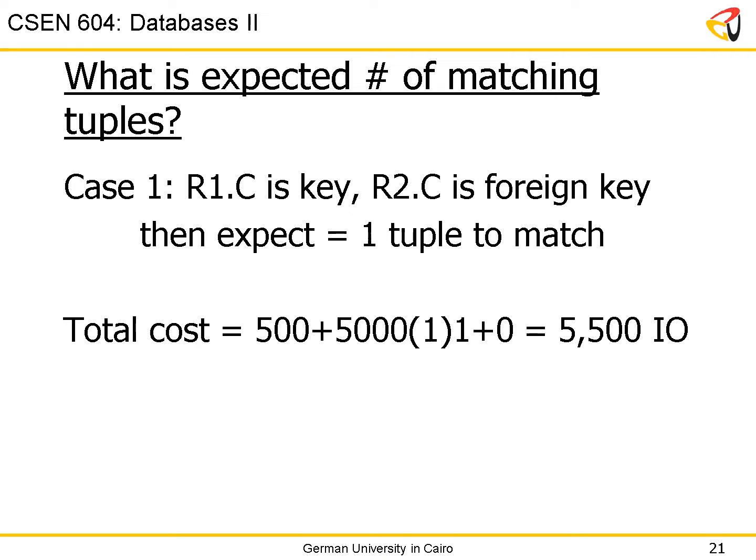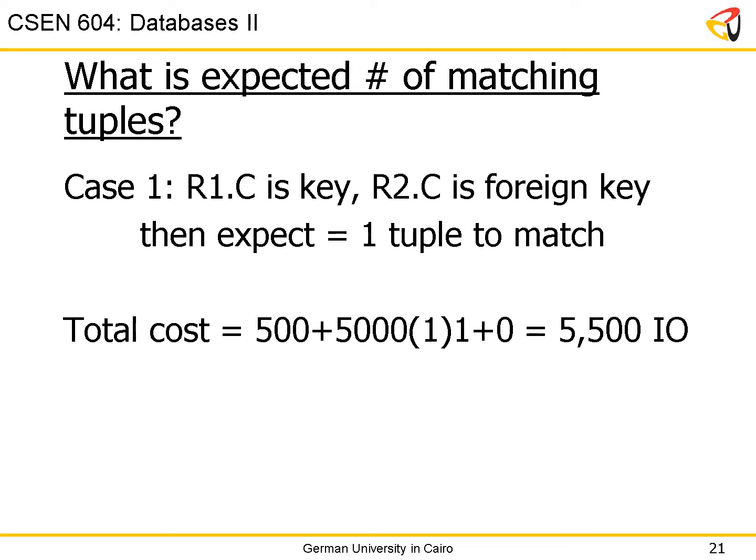Now, when I read all of R2, how many rows do I have? I have 5,000. So I am going to go to the R1.C index 5,000 times to ask whether this value exists. And I will get an answer saying yes, there is one match, one key that corresponds to this.